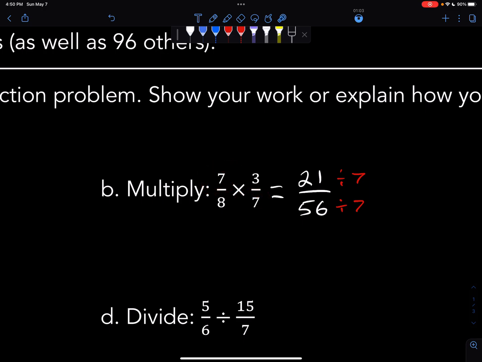So we can also do what I like to do. Some students don't, though, which is just cancel these 7s out, and our final answer is then 3 over 8. So if we cross cancel, you can see the 3 over 8 right there, 3 over 8 over here.